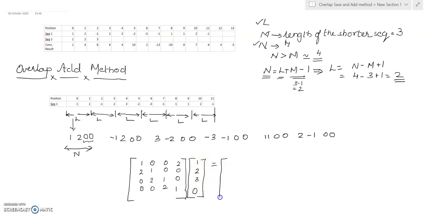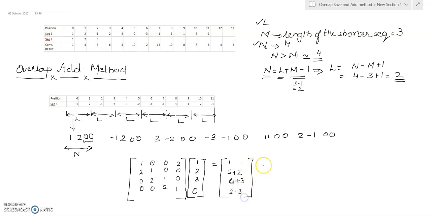So ultimately when I do this, I have to operate on the matrix. It will be 1 followed by 2 plus 2 followed by 6, not 6, it's 4 plus 3, and then it will become 2.3.